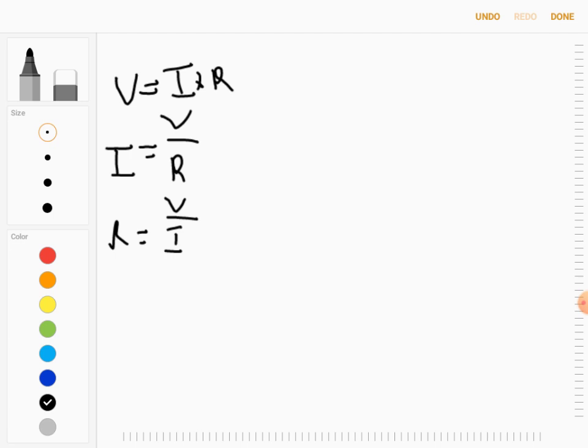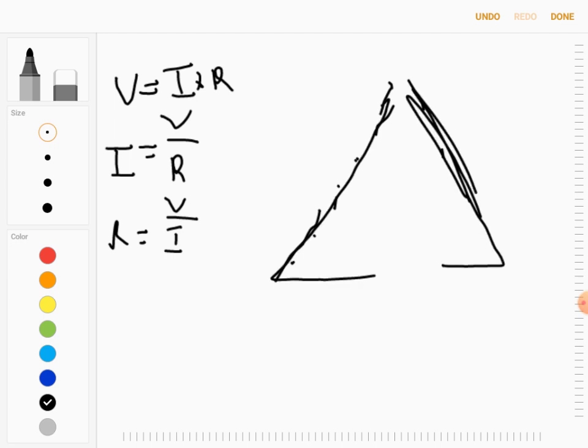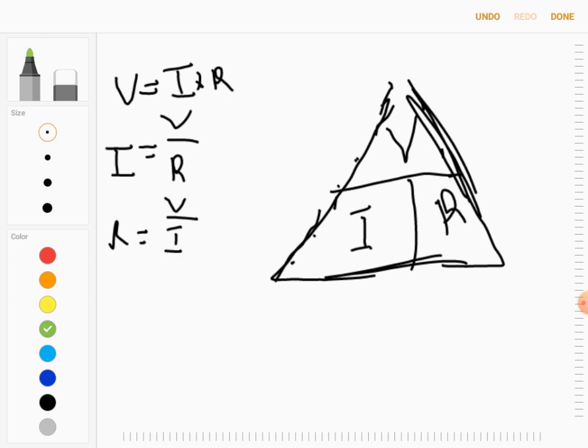And an easier way to remember this, if that's hard to remember, is by drawing just a simple triangle. V at the top, then I, then R. And add some signs, so you have a division sign, then multiplication sign.